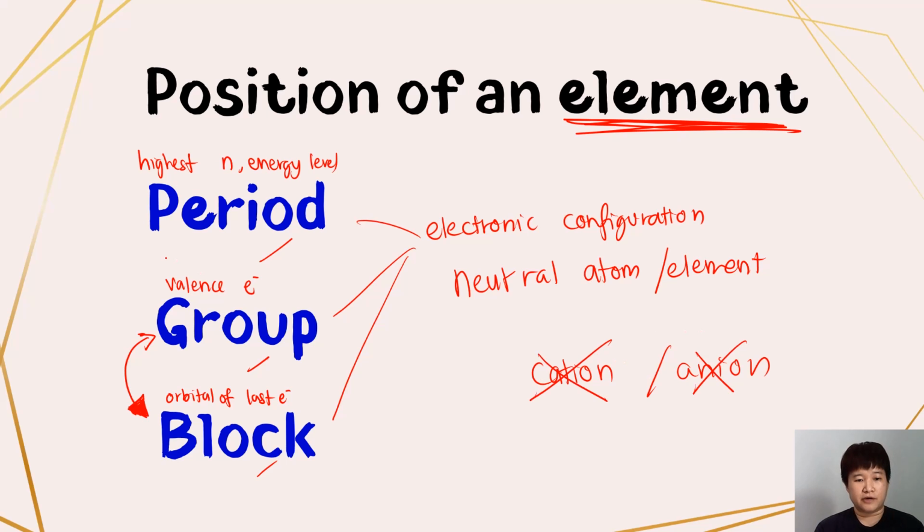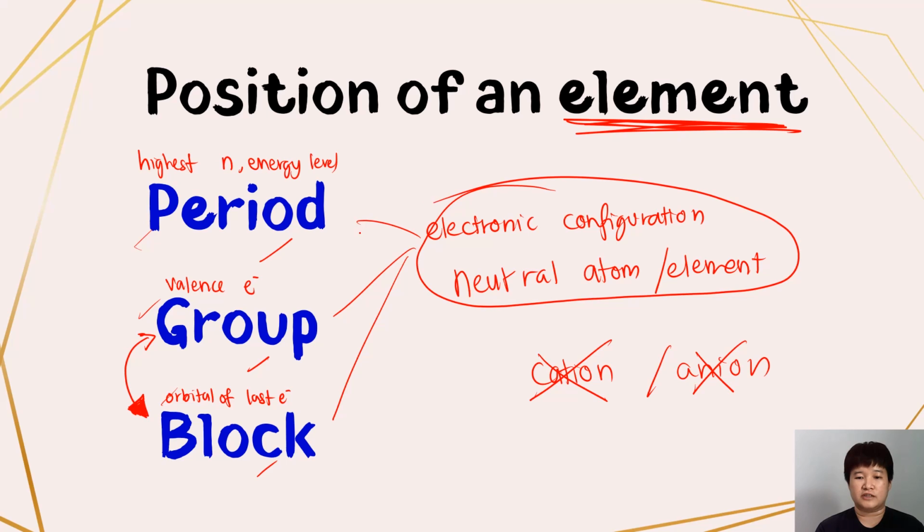To find the period, group, and block of an element, you must use the electronic configuration of the neutral atom. Always the neutral atom.